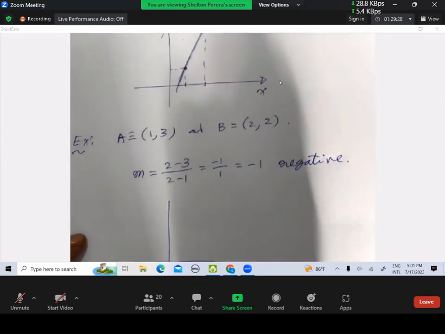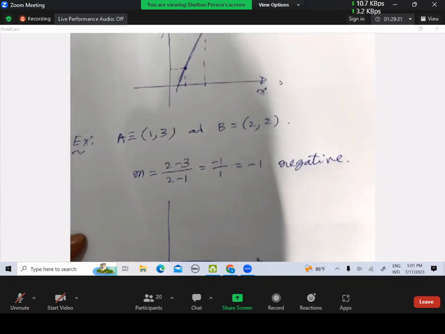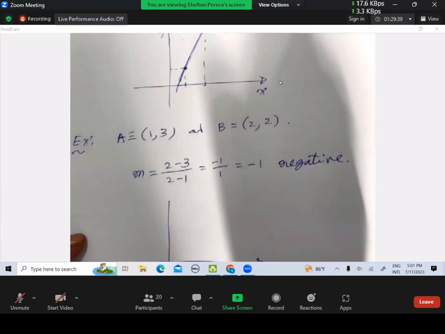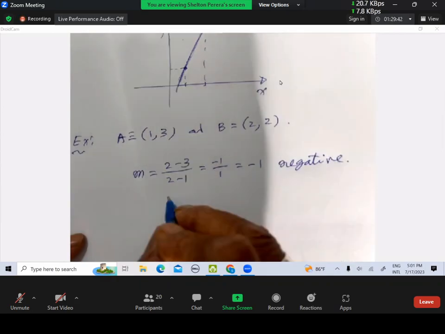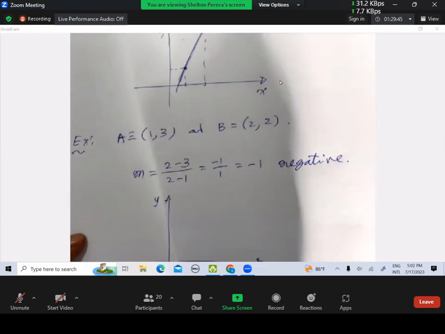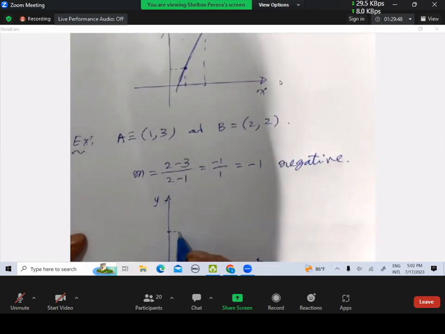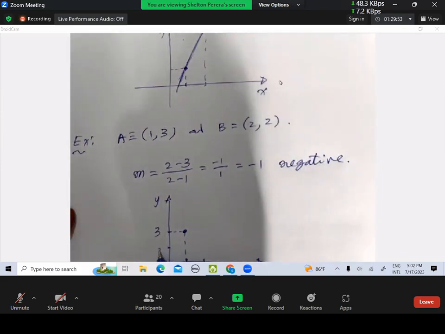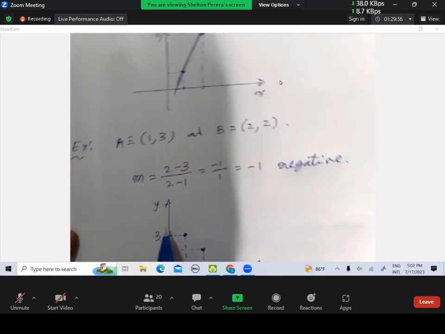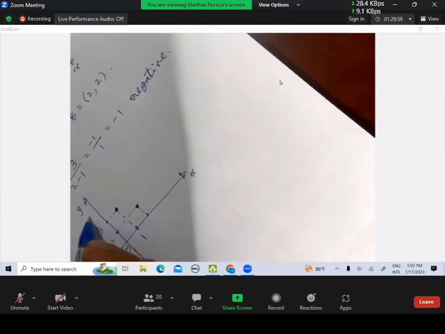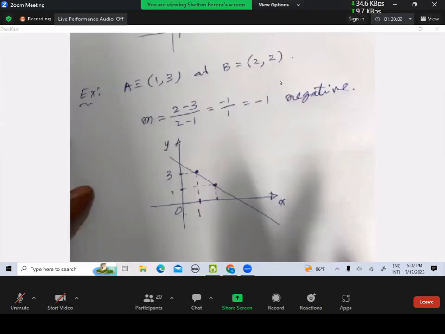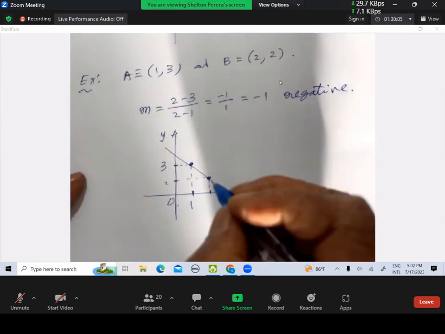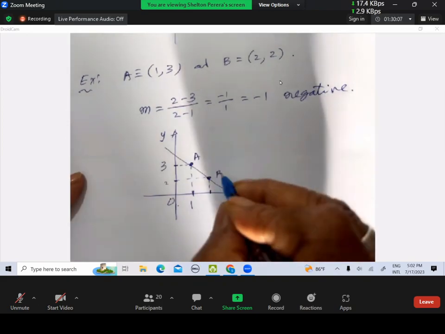Draw the line. You will see something you see for any line with negative slope. X-axis, y-axis, (1, 3), (2, 2). When you join them, you see a line like this, AB.